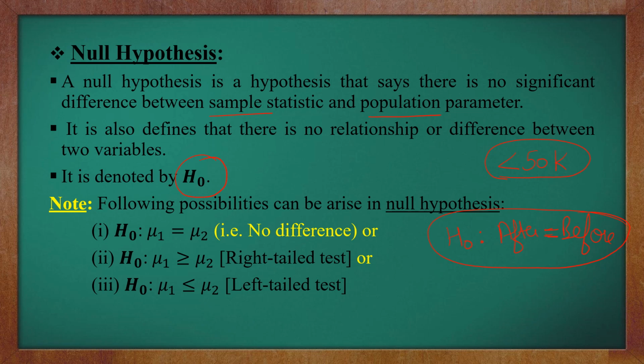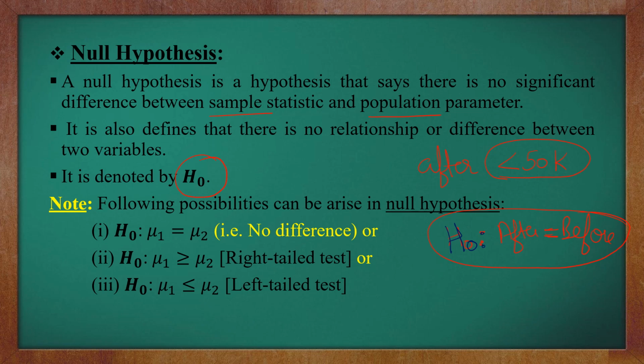Again, I'm repeating. The data we have says that sales increased after a good campaign, after the advertisement. But now you have to take an assumption. In the hypothesis concept, the first step is to take the null hypothesis. So the null hypothesis is an assumption, but what type of assumption?